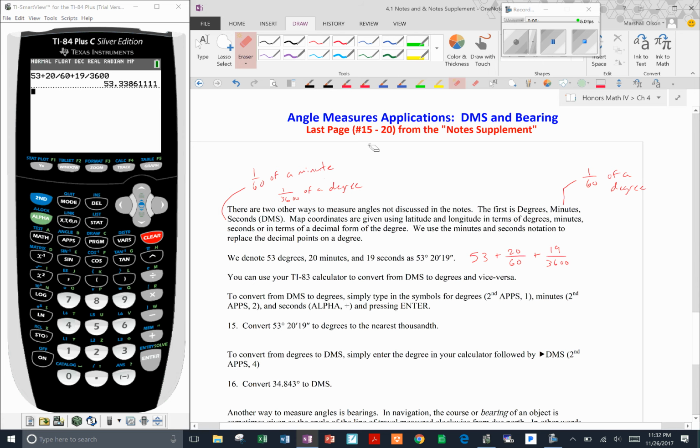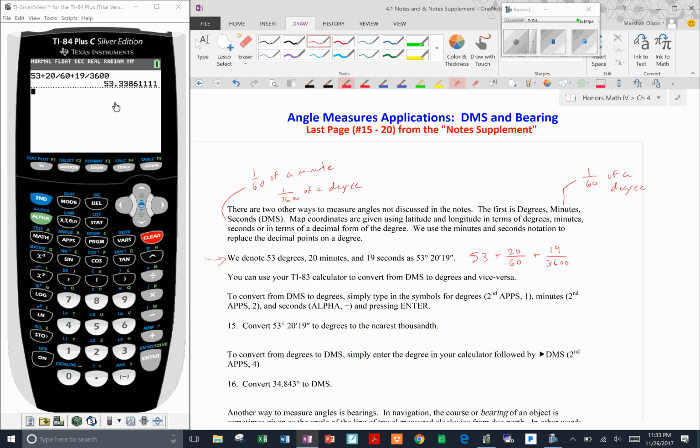So given a measure of an angle that is in degrees, minutes, seconds, like we have right here, 53 degrees, 20 minutes, and 19 seconds, we could convert to a decimal by saying 53 plus 20/60ths plus 19/3600ths. I have that calculated on the calculator over here. 53 plus 20/60ths plus 19/3600ths gives us 53.3386, and then 1 repeating.